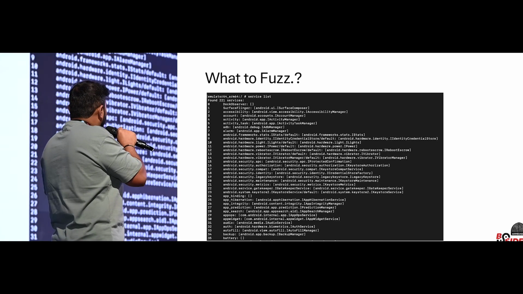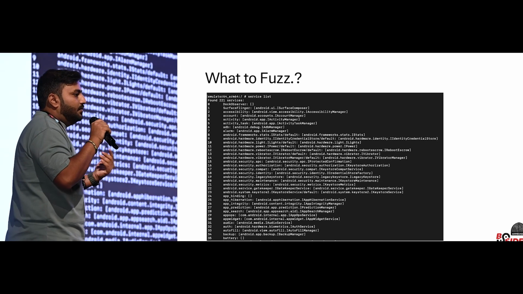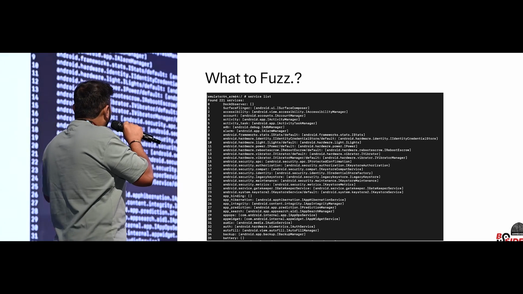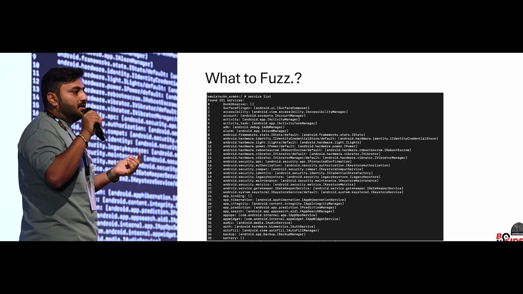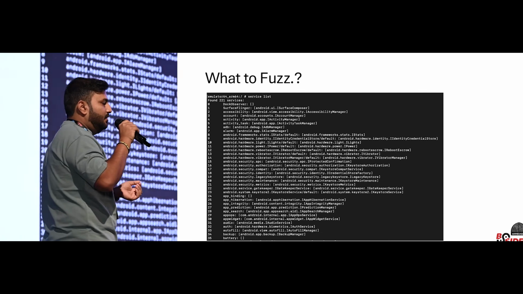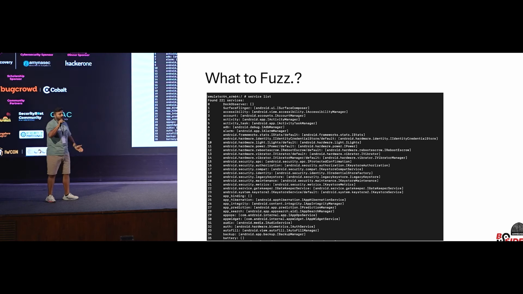So now we know that there's a service call that allows you to interact with the service. Now, what are the services which you can interact with? Just again, ADB inside your phone, and there's another utility called service list, which will list down all the services available on your device.